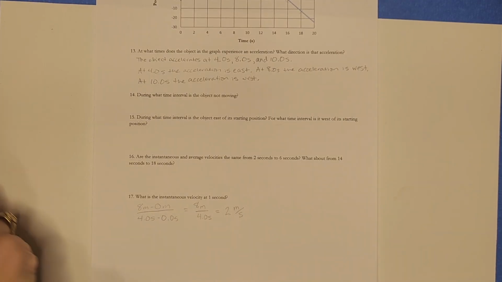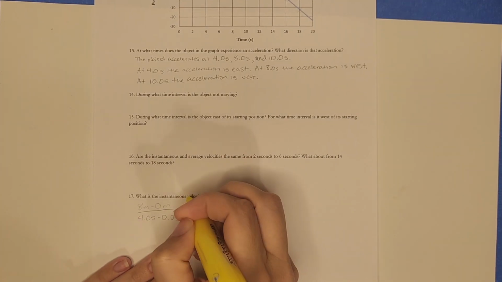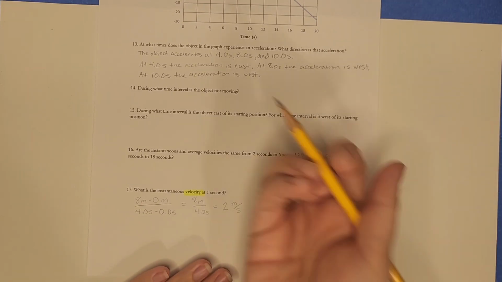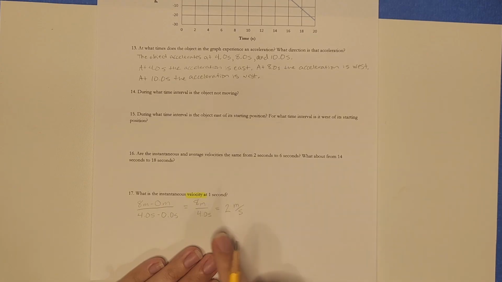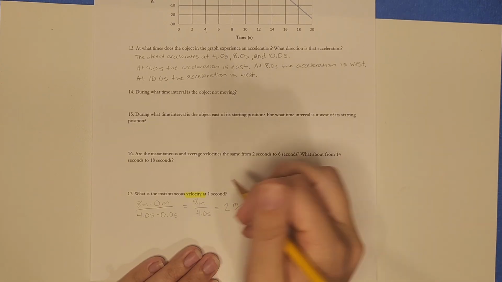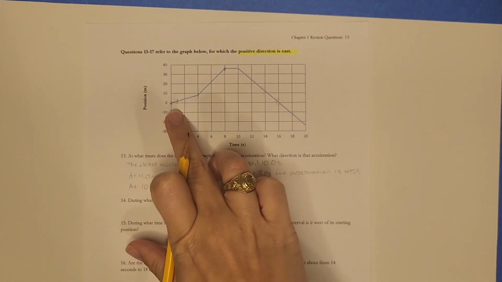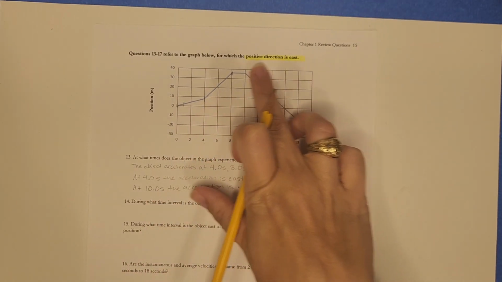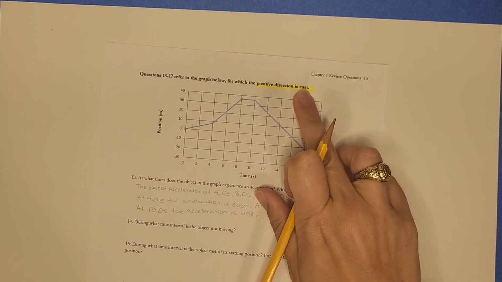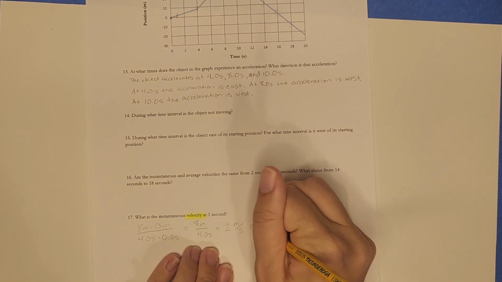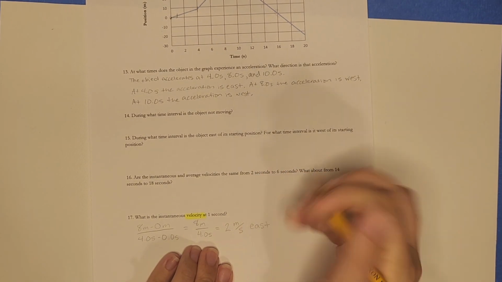And I didn't go back to this, right? But velocity is a vector quantity. And so I need to put the direction, right? And this is positive, so it is going east. 2 meters per second east.